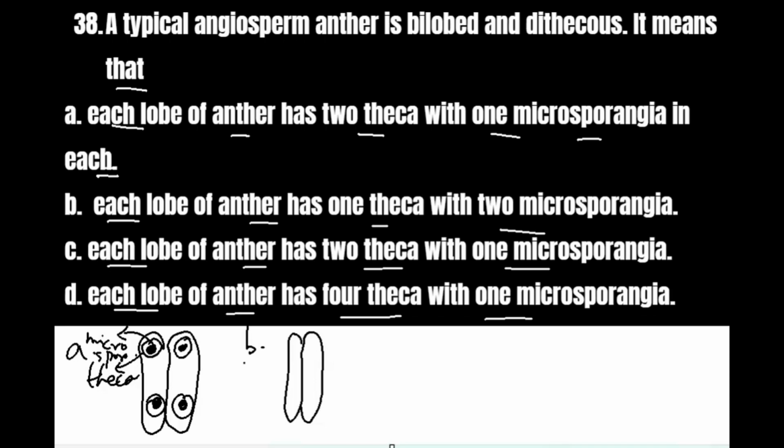Option B says each lobe of anther has 1 theca with 2 microsporangia. That means there will be only 1 theca, but there will be 2 microsporangia in each theca. This is the B option.